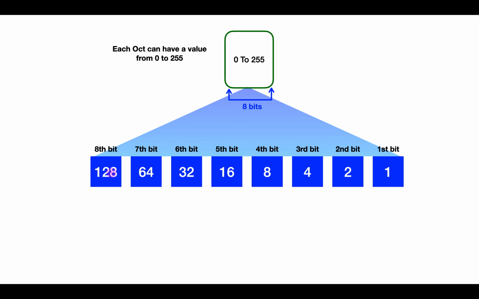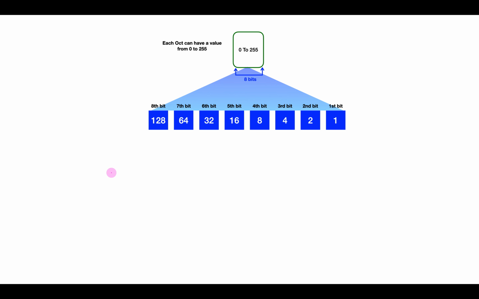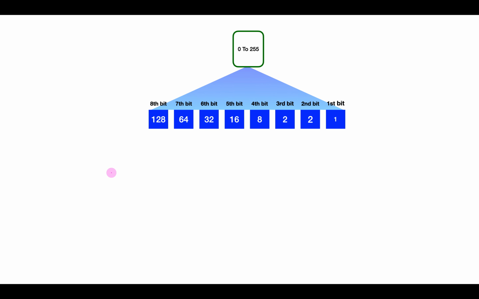Why these values? If each and every bit is off, then the value will be 00000000.